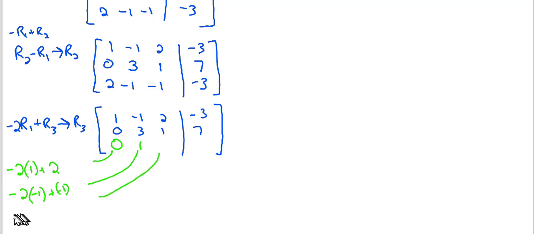This spot, I'm going to do -2 times row 1 entry is 2 plus -1. That is -4 minus 1, or -5.